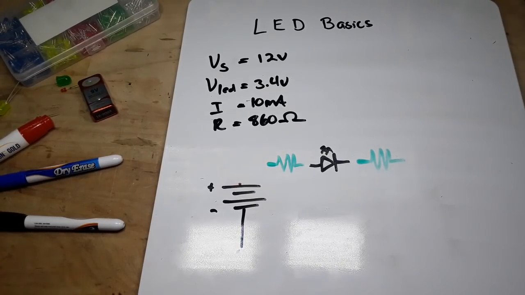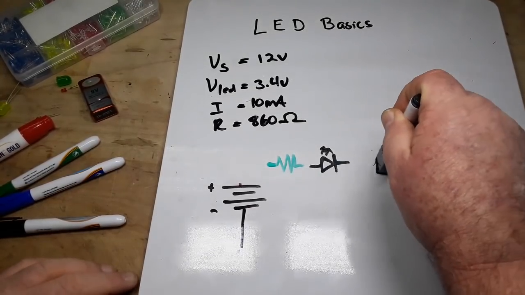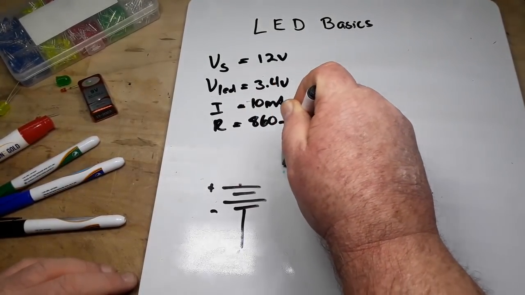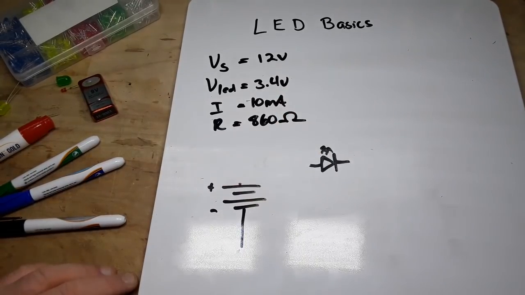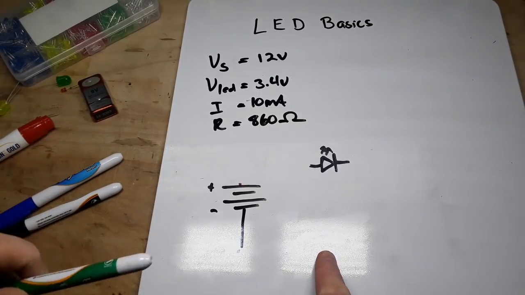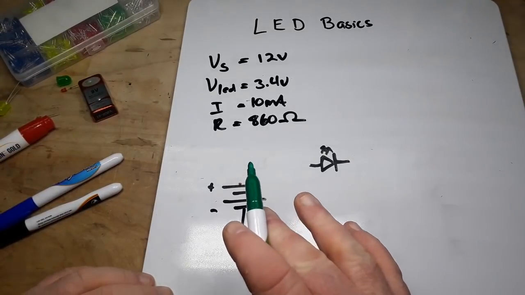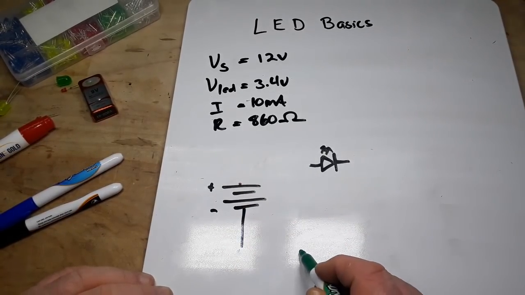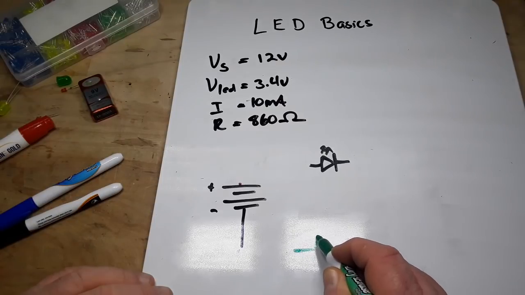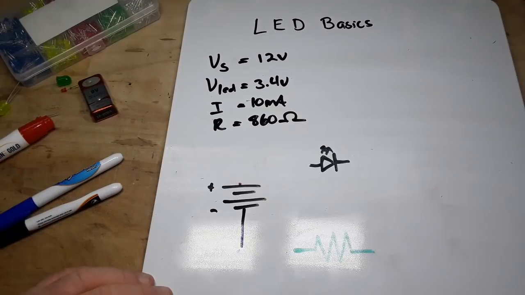It doesn't matter, as long as it is in the circuit, because what a resistor is doing is simply controlling the current going through the circuit. So for the purpose of this discussion, we are going to put our resistor on the bottom side, which would be in conventional current flow after the diode.